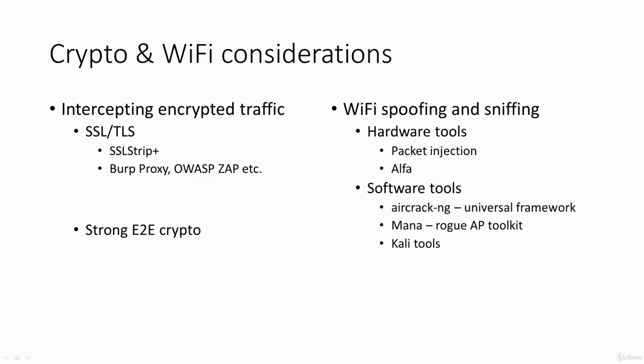There is Mana, which is especially for rogue access point creation. It's okay to call that now, I guess, as we all are within ethical boundaries. It's rogue. It's pretending to be something legitimate.